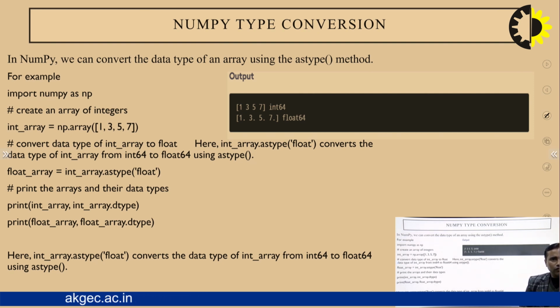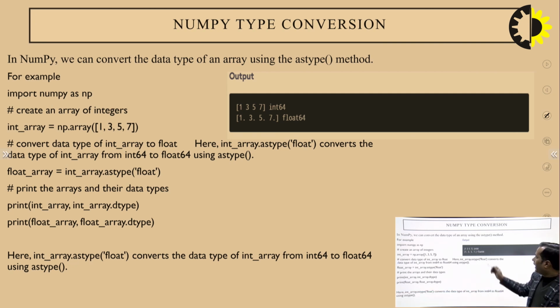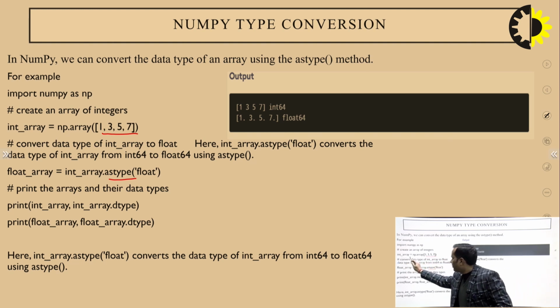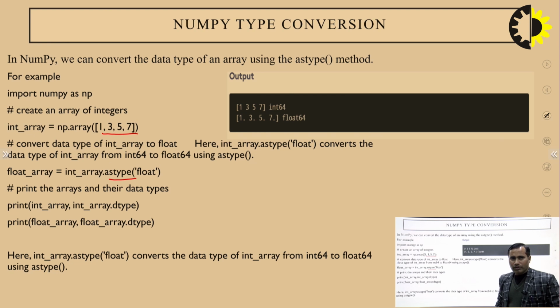We can also convert one type to another type by using the astype function. Here we have created an integer array, and now we want to convert this data type into float. So we have created an array, and this array is stored in the variable integer_array.